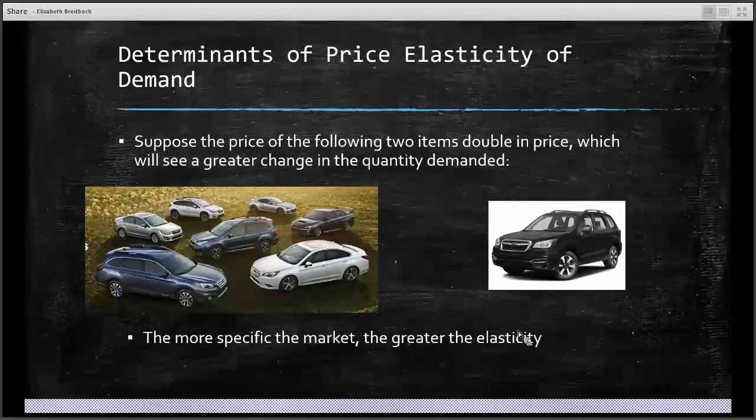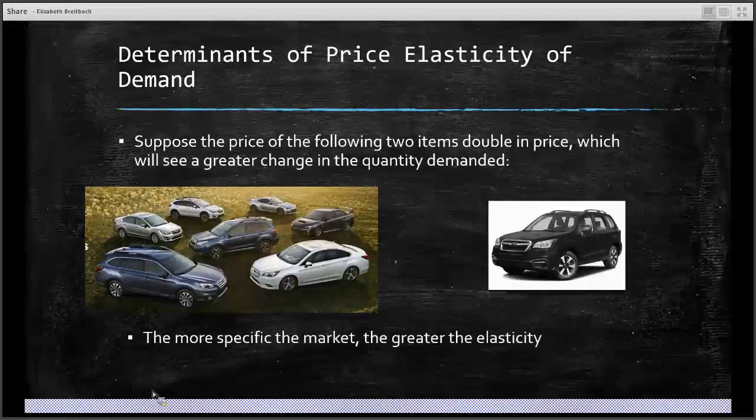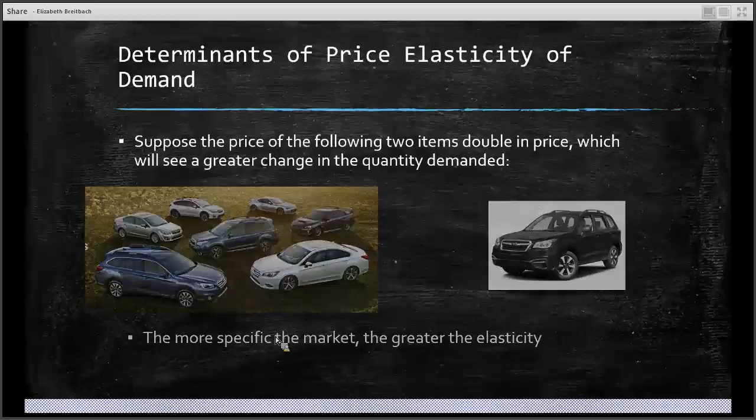elastic the demand. So when we're thinking about this, let's bring up my pen here if I can.